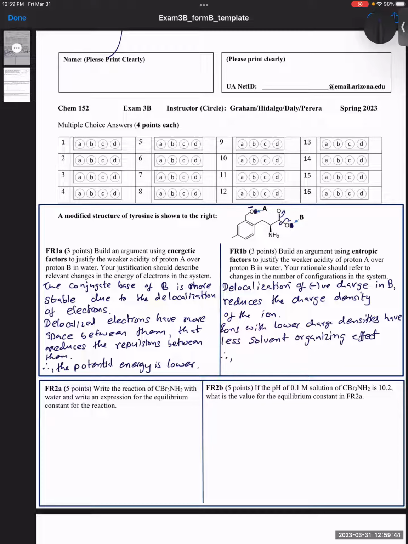Therefore, the relative number of configurations will be higher. Therefore, the relative number of configurations will be greater.